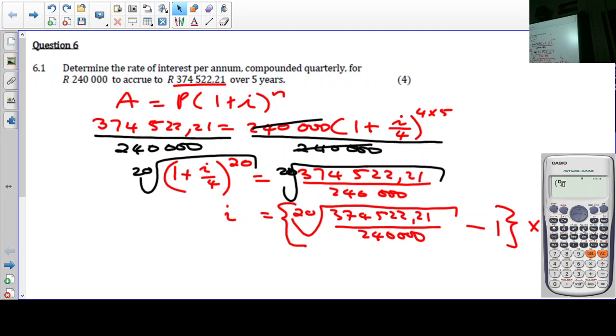The 20th root of, inside the bracket, 374,522.21 over 240,000. Okay? Minus 1. That answer must be multiplied by 4. It gives you 0.09. But I want the rate, so multiply that by 100. That gives you 9%. Okay? That is 9%.